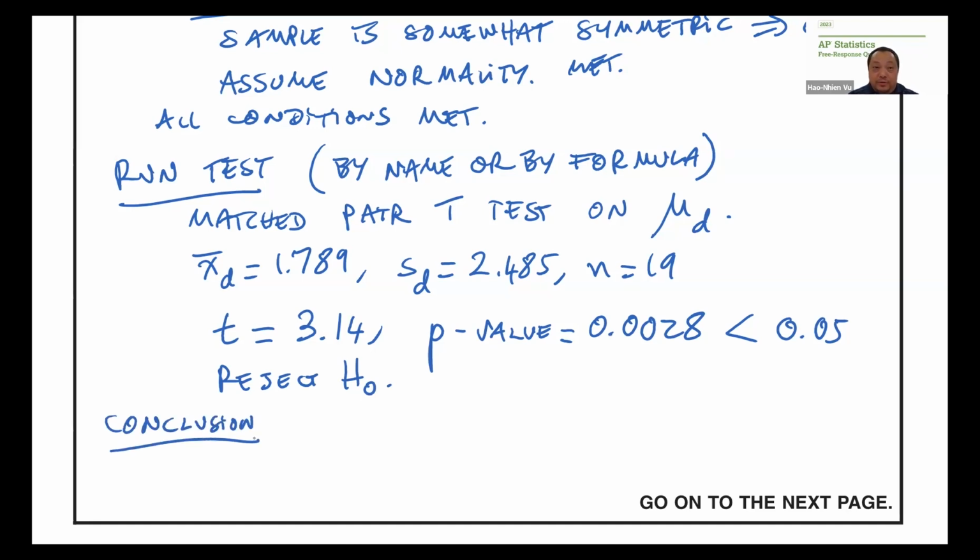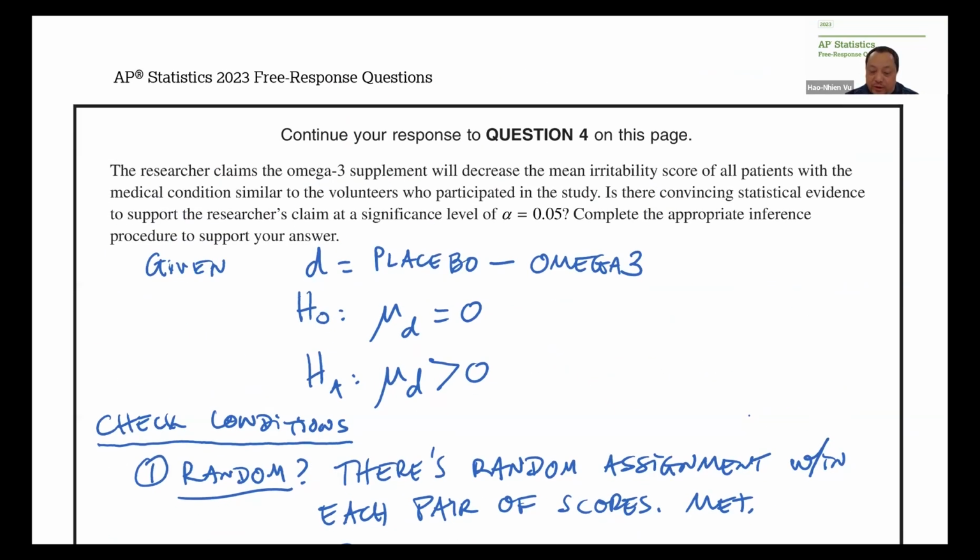Now the last step is to write the conclusion in context. When you reject H0, then there is sufficient evidence that HA is true. I usually write there is sufficient evidence, but in this question, they use specific language.